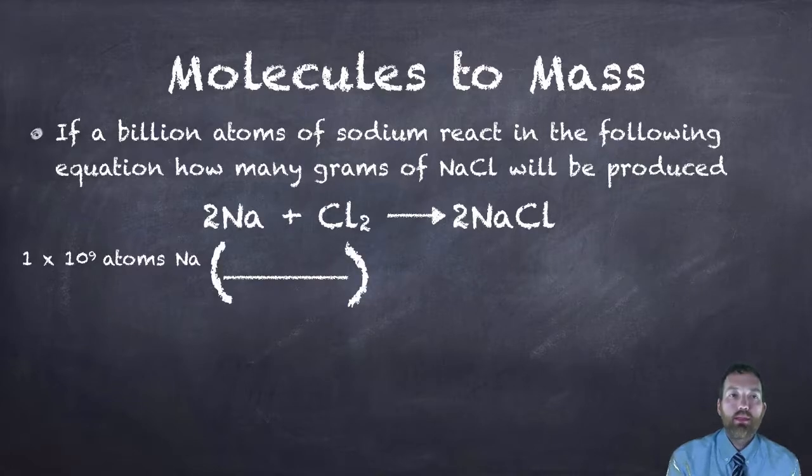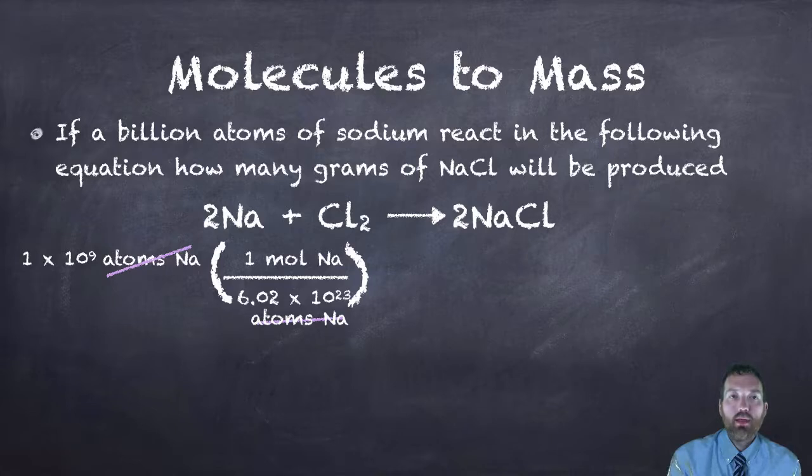So our first step is to convert that into moles of sodium. In 1 mole of sodium, we have Avogadro's number of atoms of sodium. So atoms of sodium and atoms of sodium will cross off. And next I need to convert to moles of sodium chloride.